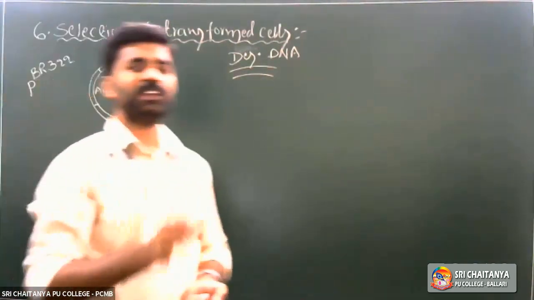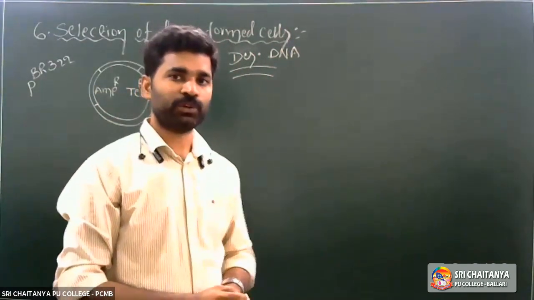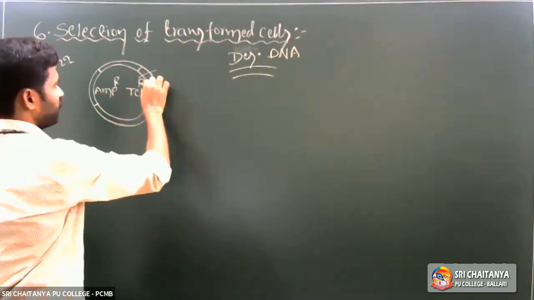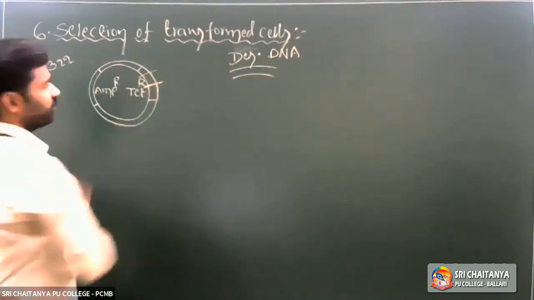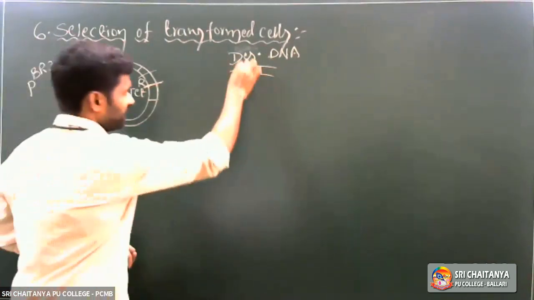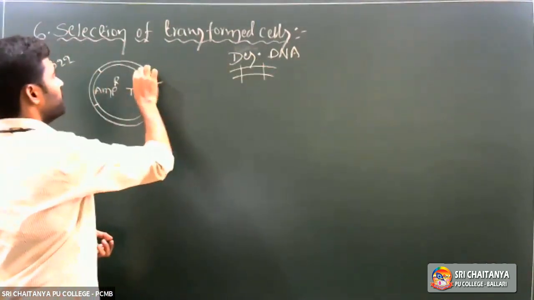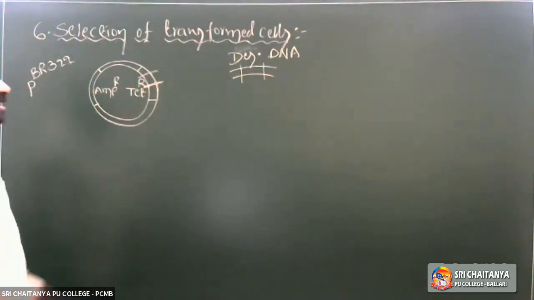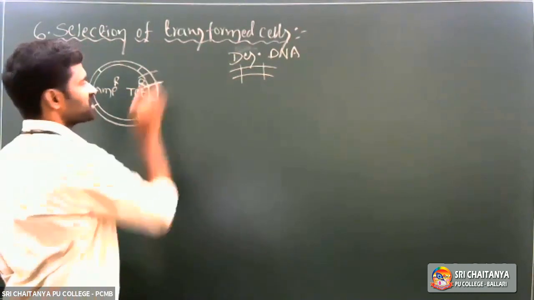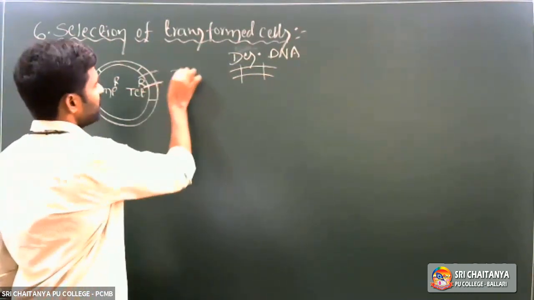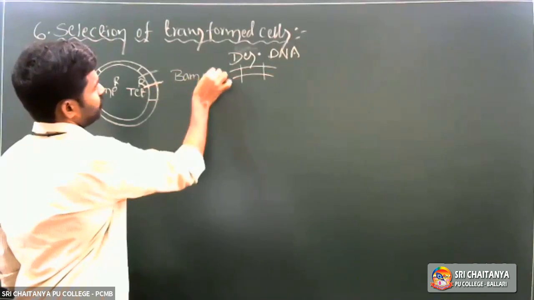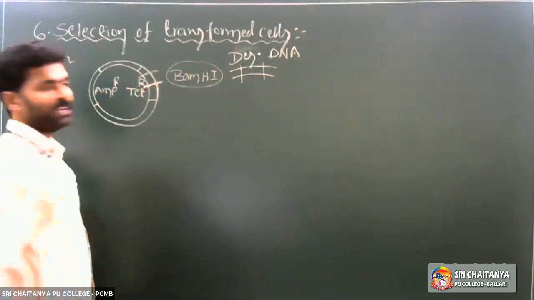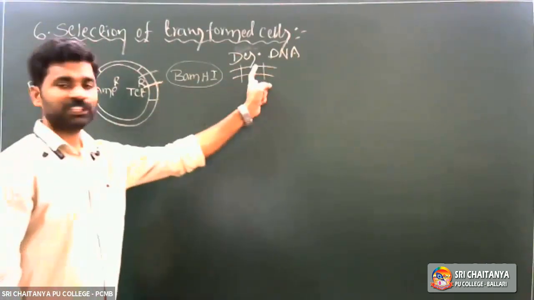When we use the BamHI restriction endonuclease enzyme, it results in the formation of sticky ends at the BamHI sites. So the desirable DNA and the BamHI sequence are fragmented by the BamHI restriction endonuclease enzyme, resulting in sticky ends.